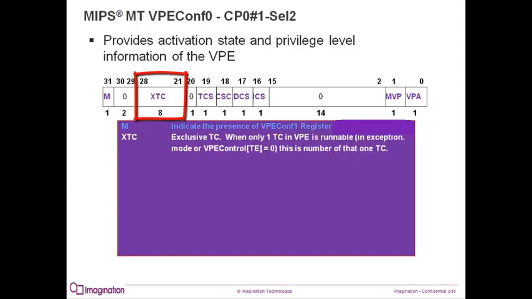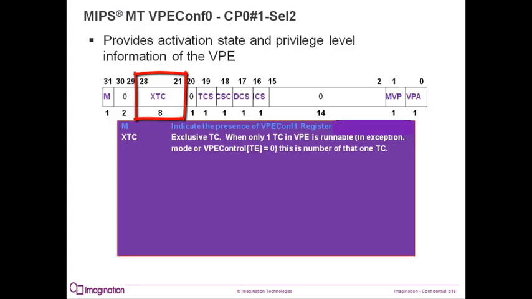The exclusive TC field is set by hardware when execution is restricted within a VPE to a single TC. This is caused by the VPE being in exception mode or the thread enable bit being cleared in the VPE control register. Either of these conditions will cause only one thread to be executed.